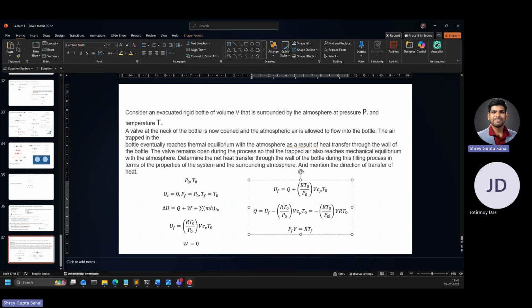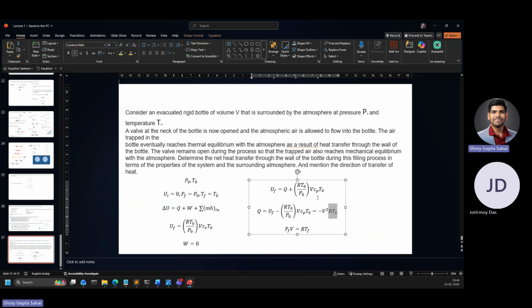So then basically I can write RT naught as PF T naught into V. Some dimension issue is there, it seems.